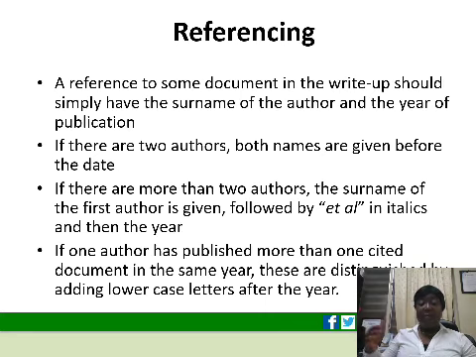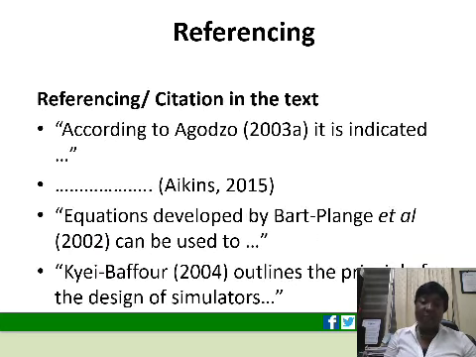If there are more than two authors, then you put the surname of the first author and then et al. in italics and then the year. If you have different publications from the same author in the same year, then you have to add a lowercase letter to distinguish them. You see examples on the next slide.